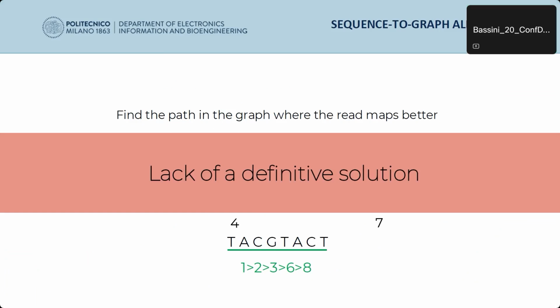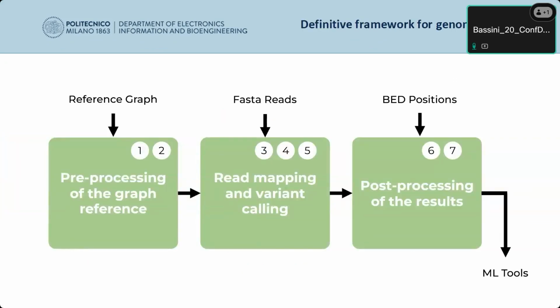For example, I found some tools that are faster on more linear graphs, others on highly branched graphs. Then there are lots of parameters that can modify the way we align reads to the graphs. This helped me define the goal of my research, which is the creation of a definitive framework for genome graph analysis.